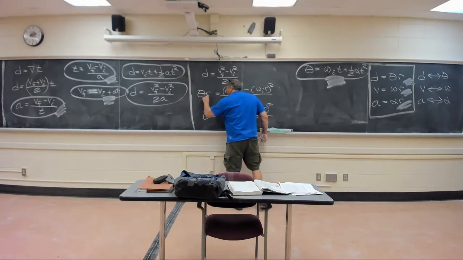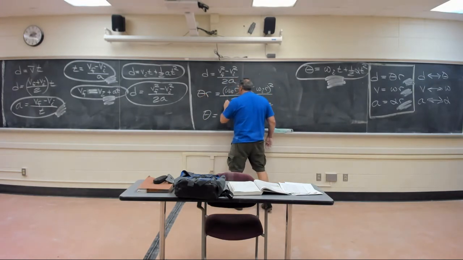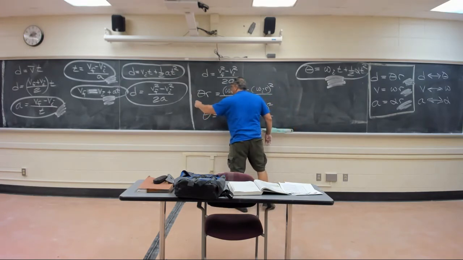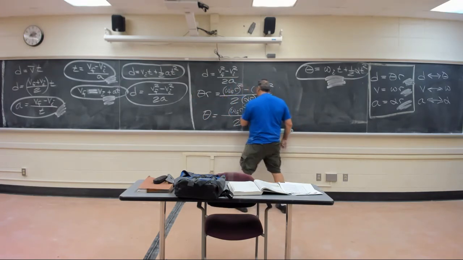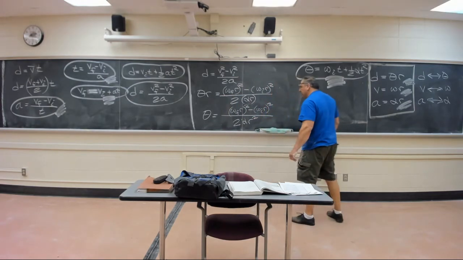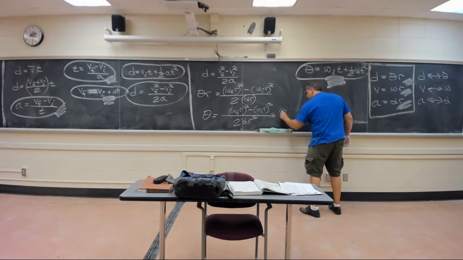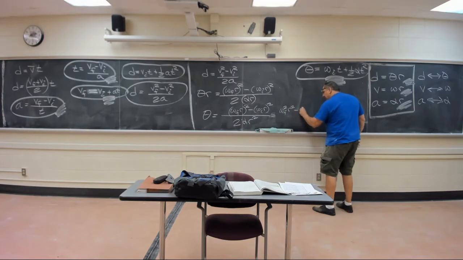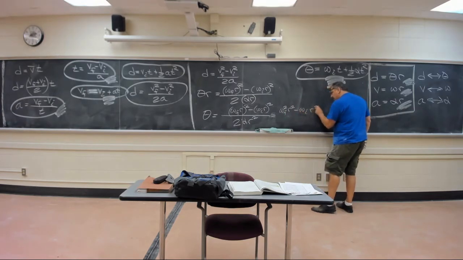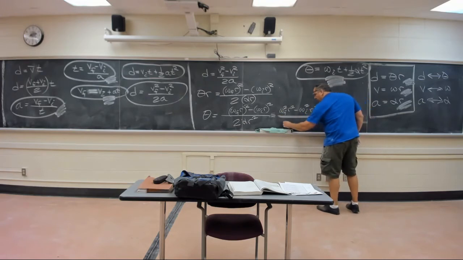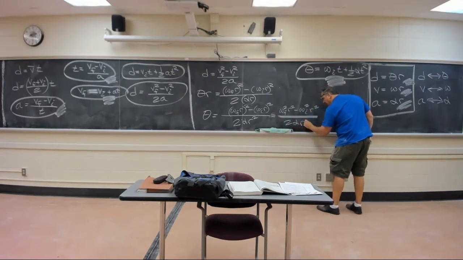If I divide by r, if I multiply by 1 over r on each side, that r is an r squared. Omega f squared r squared minus omega I squared r squared over 2 alpha r squared.